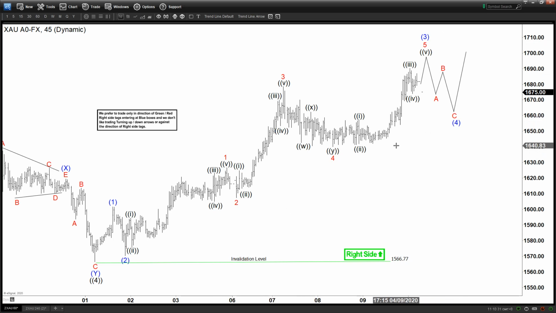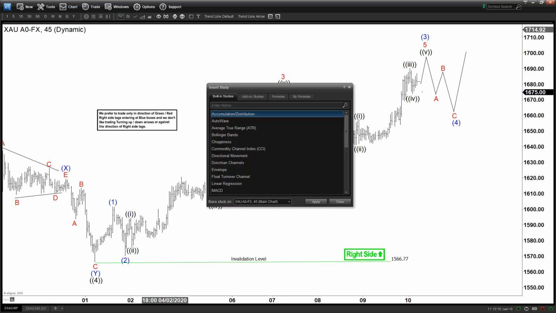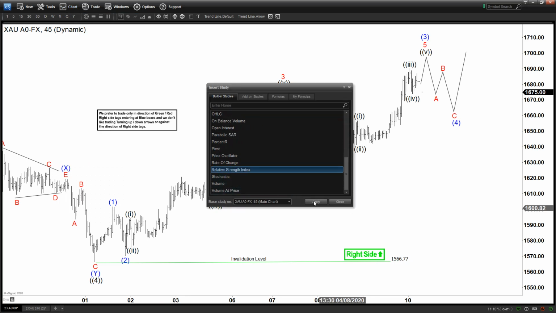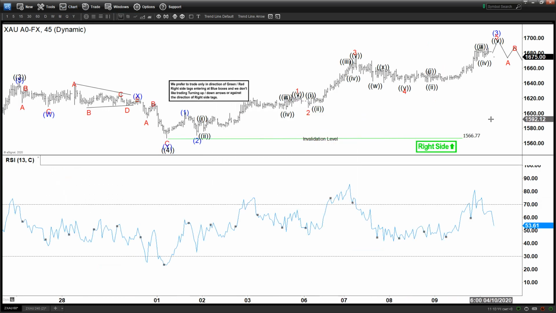Okay, so that's what we're looking at with gold. Now if we zoom out a little bit, let's talk about alternates first of all. Now you notice here that this is the highest peak, and we do have a divergence here.